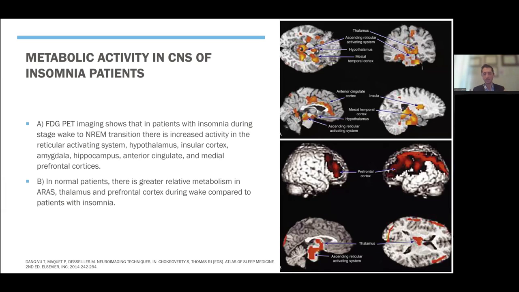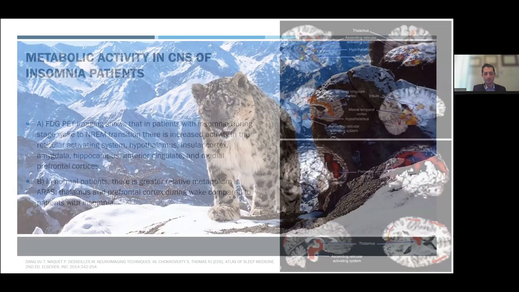That's the bottom line of that in patients who have insomnia. And in normal patients, when you're awake, there's actually more activity in that region of the brain compared to patients who might have other conditions or disorders. And so that kind of opposing, paradoxical situation is what's postulated to be a part of the reason why people develop insomnia.